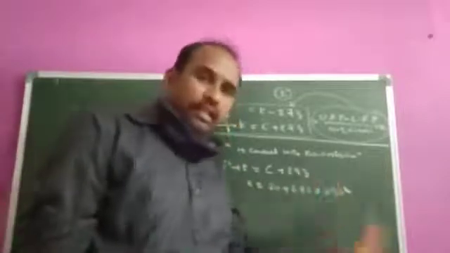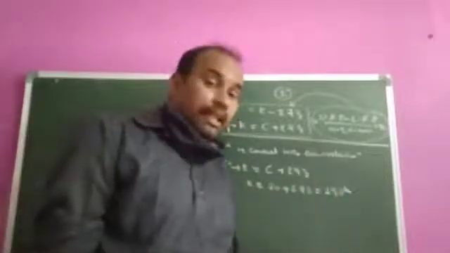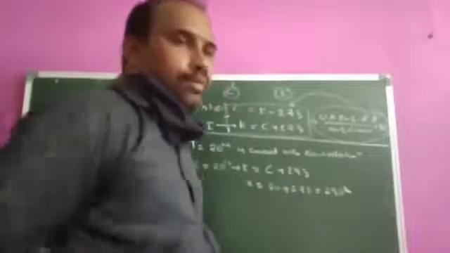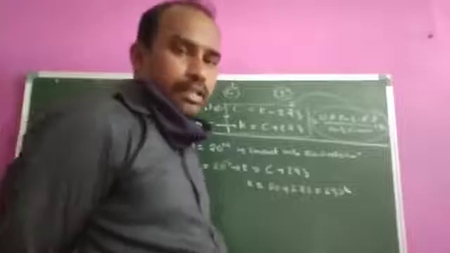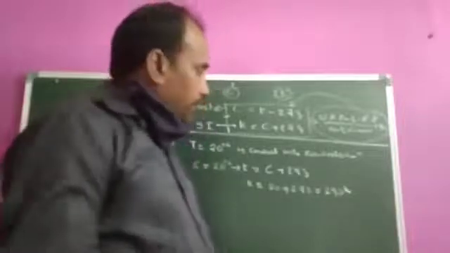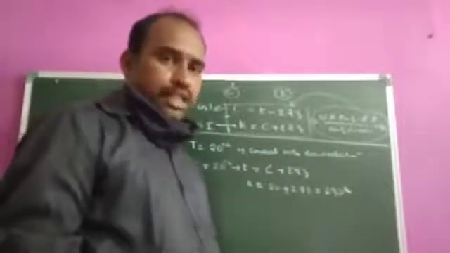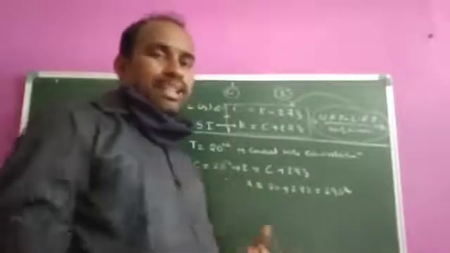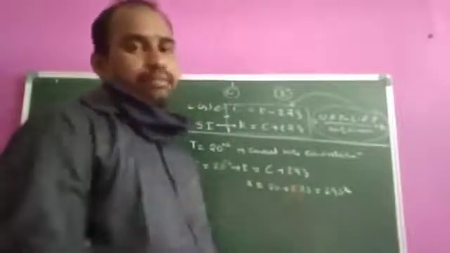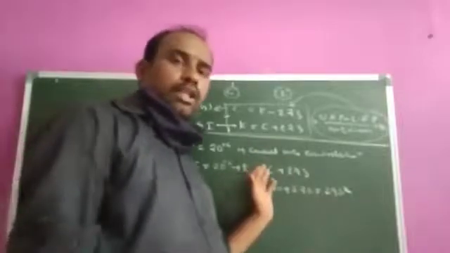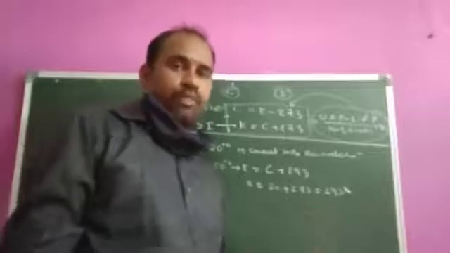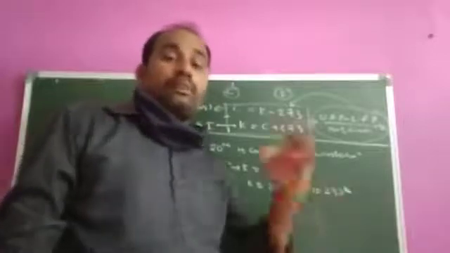Remember one thing here: for Celsius I am taking a degree, but for Kelvin I am not taking degrees, because, as I already explained in the previous class, the Kelvin scale is an endless scale. Actually, temperatures in Kelvin run from minus 273 up to infinity.